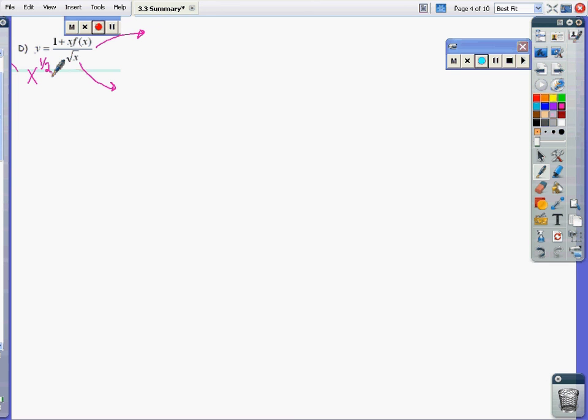The numerator, the derivative of 1 is 0. So I'm actually going to even write that for you, 0. Plus the derivative of the second function, x times f of x. That's a product rule. So x, f of x, that's a product. What is it a product of? x times f of x. So the derivative of x is 1, and the derivative of f of x is f primed of x.